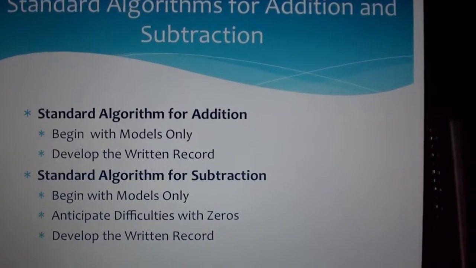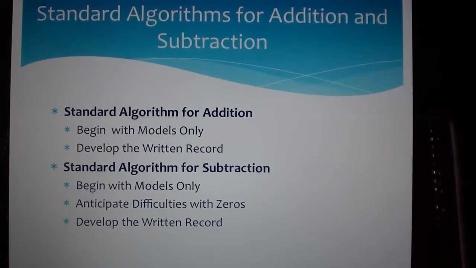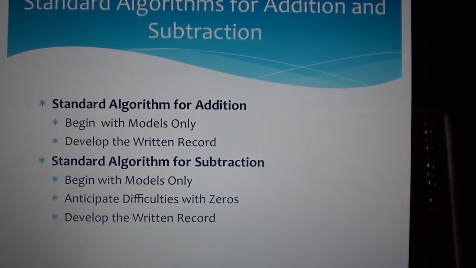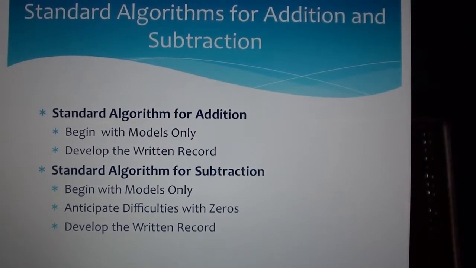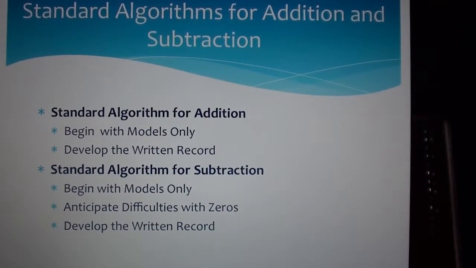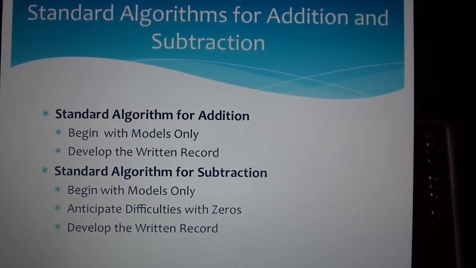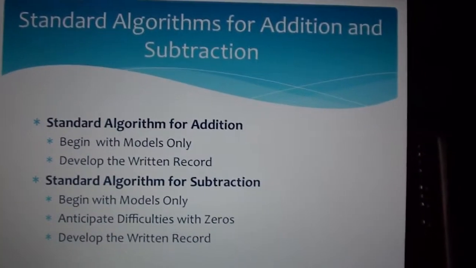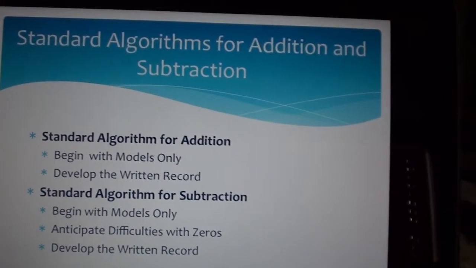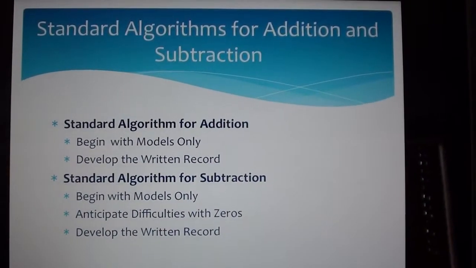The standard algorithms for addition and subtraction. Standard algorithm for addition. Begin with models only and then develop the written record. In the beginning, we must just focus on regrouping without recording the numerical process and provide them with a place value mat so they can actually see where the ones, the tens, or the hundreds go.